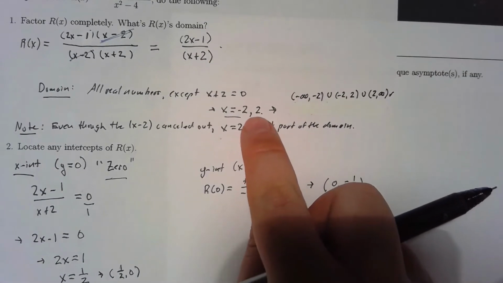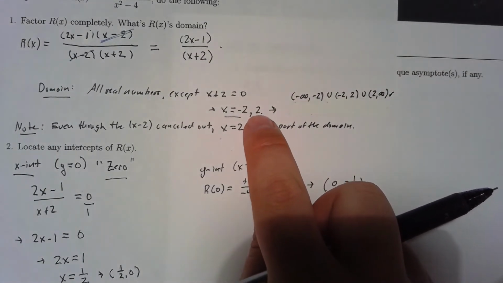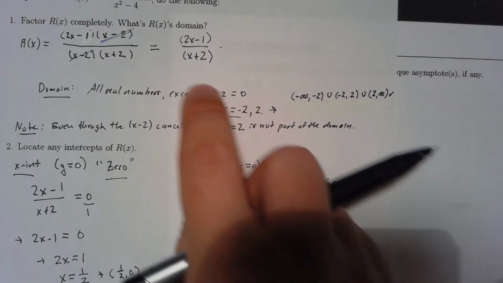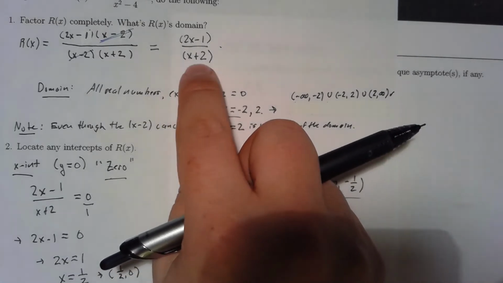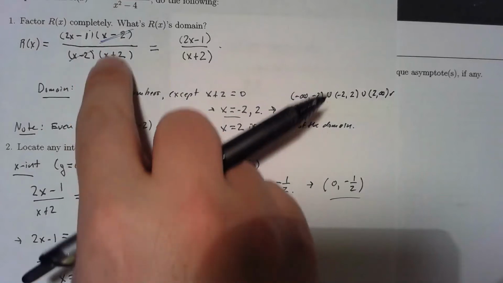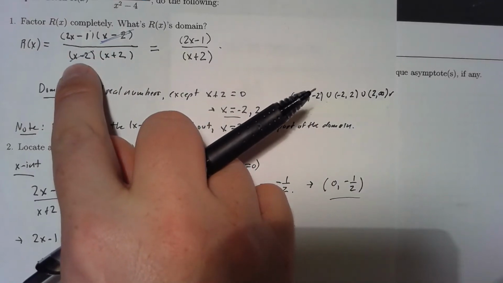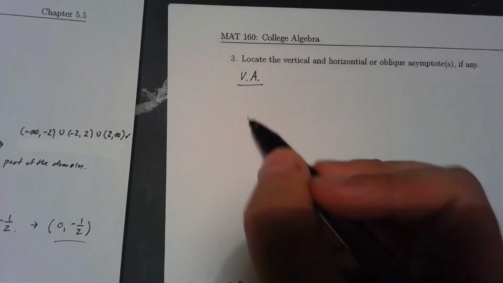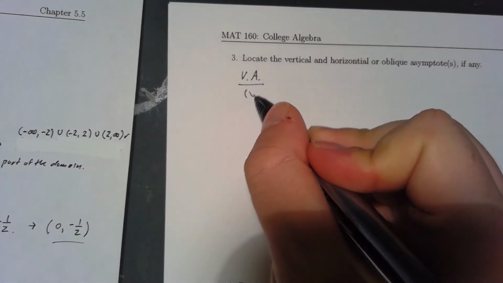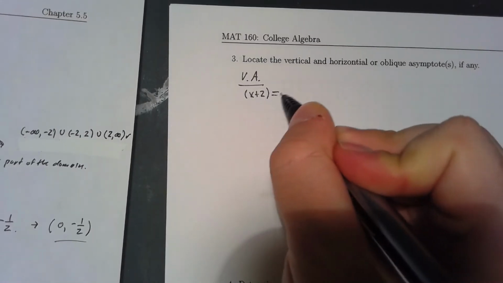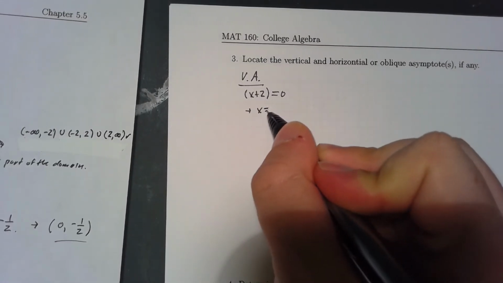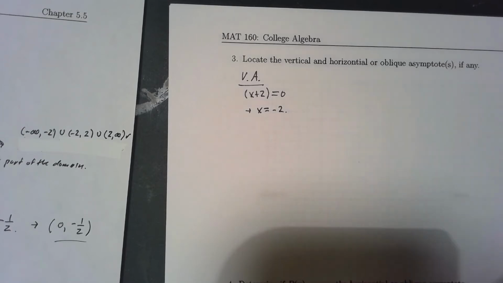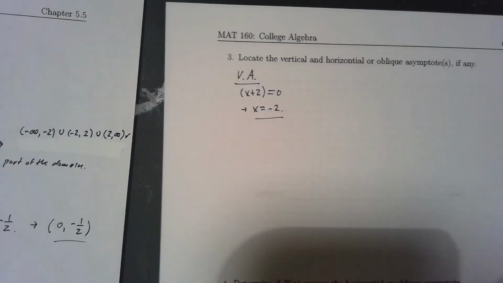Now, 2 is not part of the domain, but 2 is not a vertical asymptote because there is no factor of x minus 2 down here. That cancels out. So, yeah, while 2 may not be part of the domain, it's not a vertical asymptote. The only vertical asymptote occurs when I have x plus 2 equals 0, which gives me x equals negative 2. That's the only vertical asymptote.